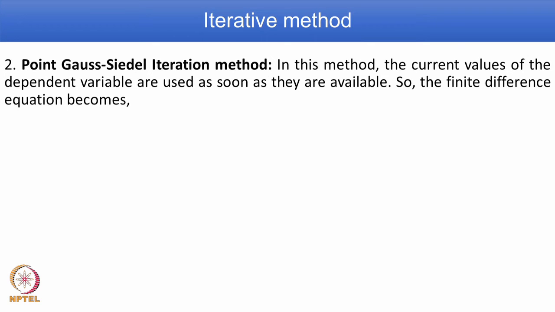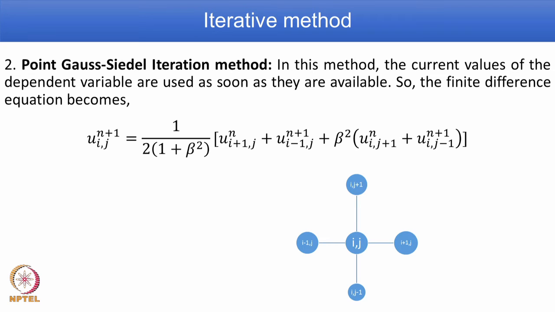The next one is the point Gauss-Seidel iteration method. In this method, the current values of the dependent variable are used as soon as they are immediately available. So, the discretized form is written for point Gauss-Seidel iteration as shown here. Though it looks similar, you have to pay attention to a particular term, that is u i minus 1 j with a superscript n plus 1 and u i j minus 1 with a superscript n plus 1.